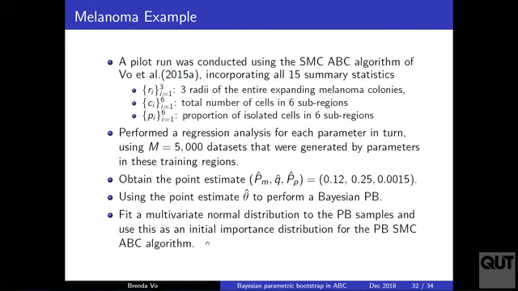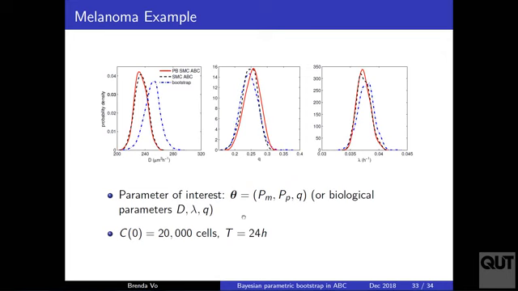Right, so now coming back to the melanoma example. Remember, for the initial summary statistics we have 15, and after we perform regressions, we reduce to only 3 statistics for 3 parameters. And then we use that to conduct the Bayesian parametric bootstrap. So here's the result. It's already converted to the biological parameters, D, Q, and lambda.